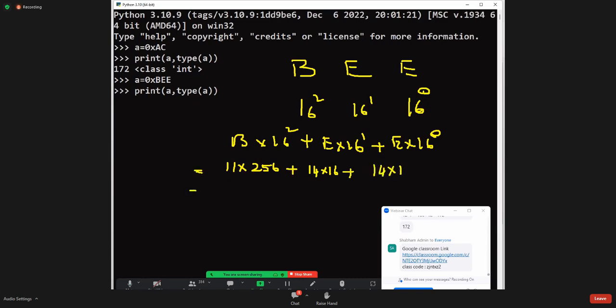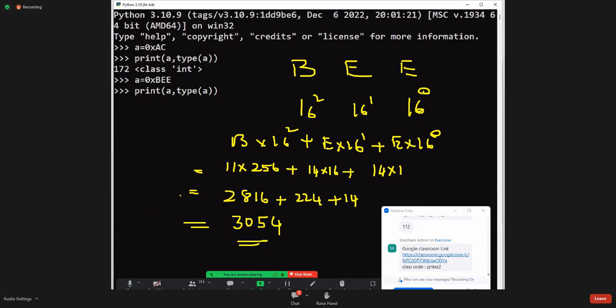So 11 into 256 is 2816, plus 14 into 16 which is 224, plus 14, which is equal to 3054.